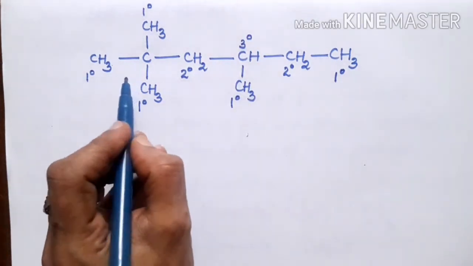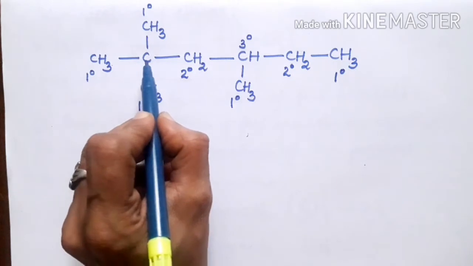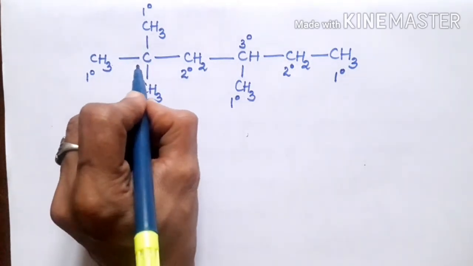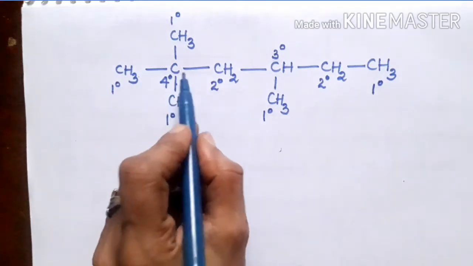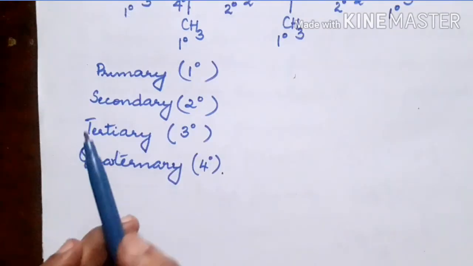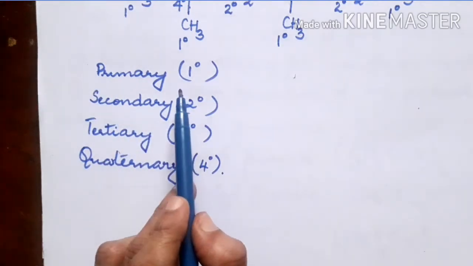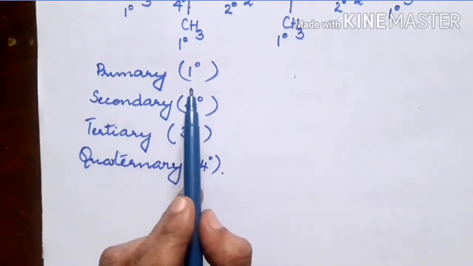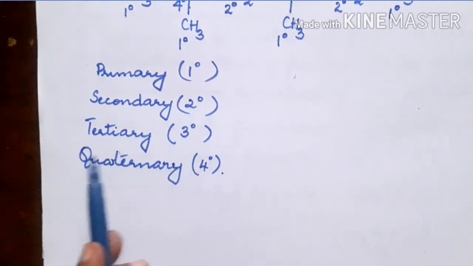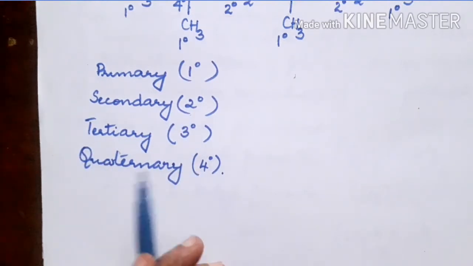And then we have finally this carbon atom which is attached to 4 different carbon atoms. So it is called quaternary. Thus we have 4 different types of carbon atoms: primary carbons, secondary carbons, tertiary carbons and quaternary carbon atoms.